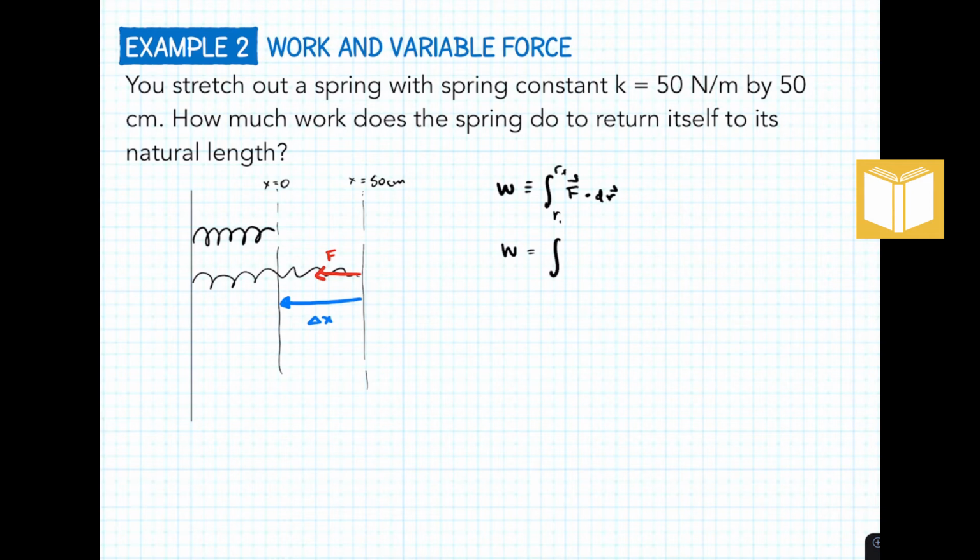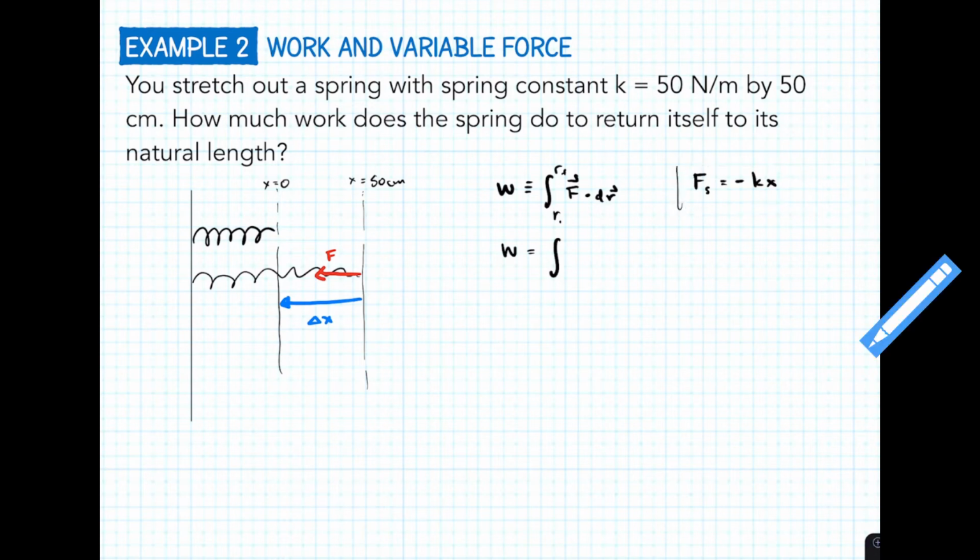Do you remember what a spring force is? It's negative spring constant times change. In this case, we'll call it kx because we're not doing the full displacement, we're doing it piece by piece. So this is our definition of spring force. And we're going to write that where force is, so that's going to be negative kx.